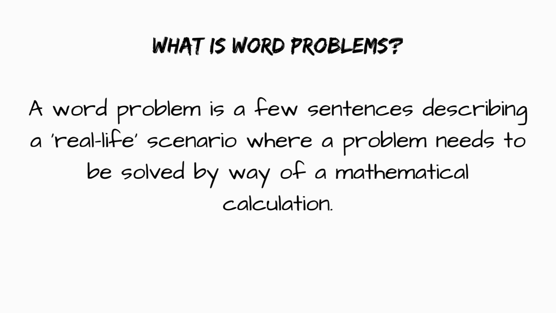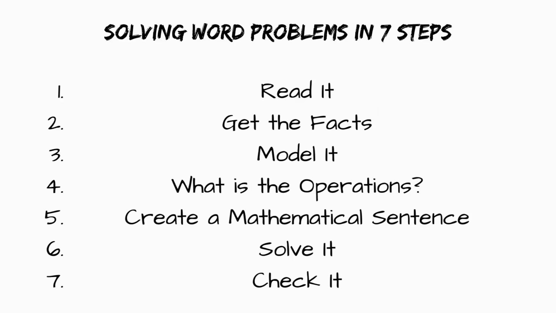So when it comes to solving word problems, there are so many different methods. But for me, I've found 7 steps that we can use to solve mathematical modeling word problems. So, solving word problems in 7 steps.